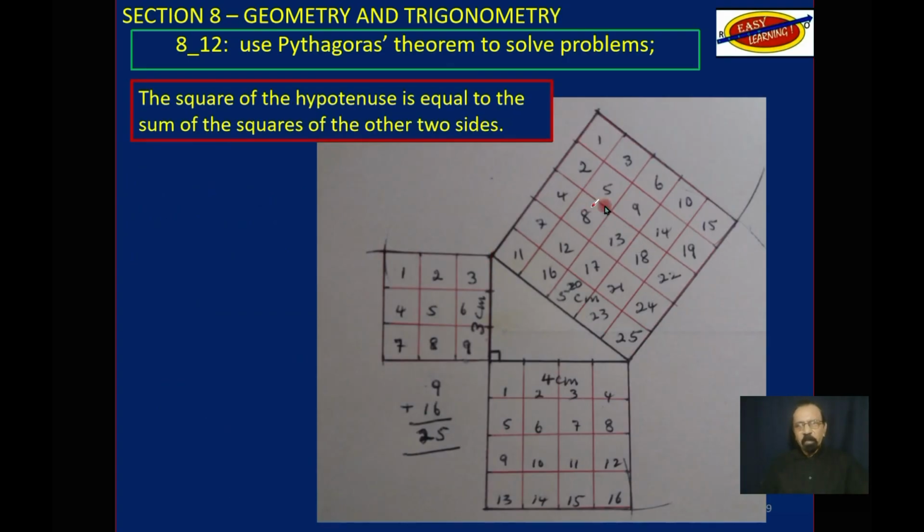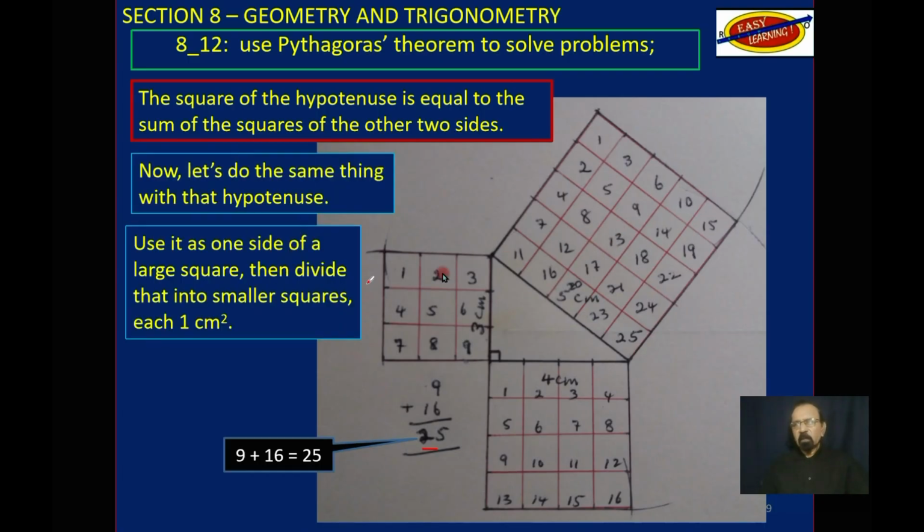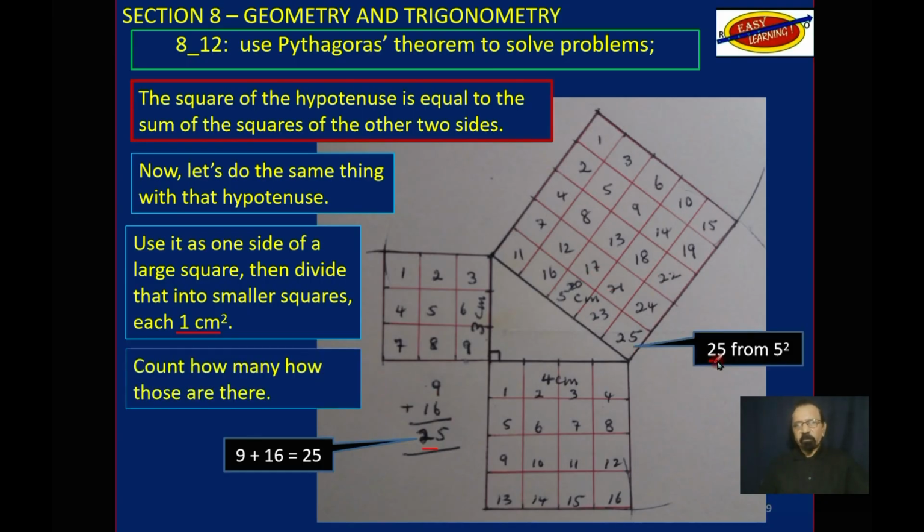Now, let's do the same thing with the hypotenuse. Remember, the sum of the square of these two sides is 25. Let's square this one side. Do the same thing. We draw a large square here, divide each one in smaller squares, and we count how many squares we have here. You notice we have 25 squares.